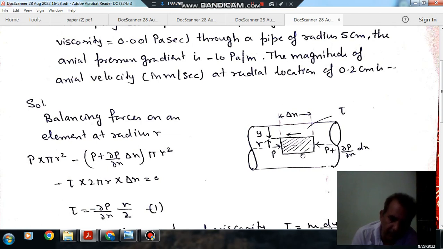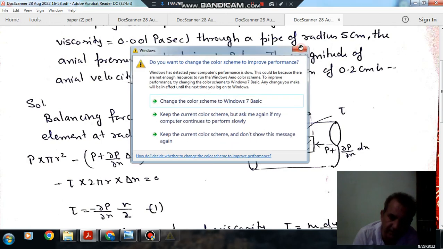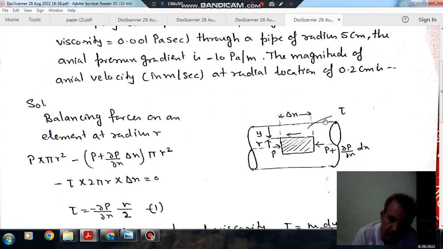The various forces acting on this element are the pressure force on the left face, which is P multiplied by area, and the pressure force on the right face, which is P plus ∂P/∂x into dx multiplied by this area, where ∂P/∂x is the axial pressure gradient, and the shear force on the surface, which is tau into that area.